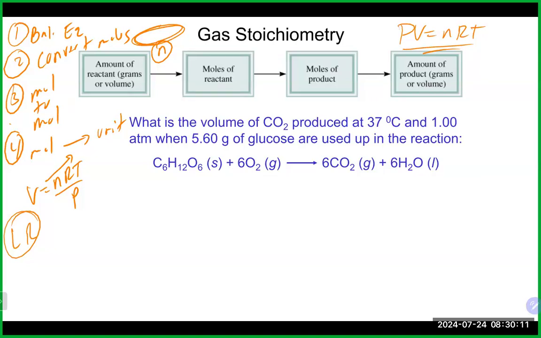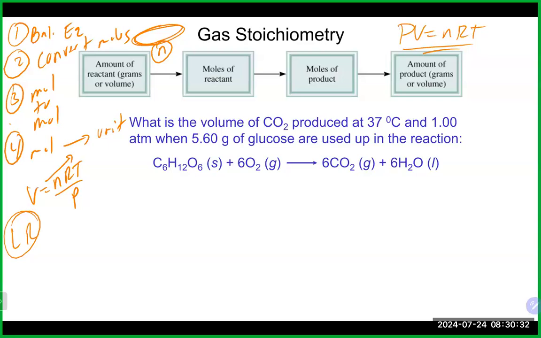If it is a limiting reagent problem, you can apply the ICE table however you want to do it, but you do need to figure out the limiting reagent. In most cases with gases, it's going to be a more basic stoichiometry problem, but you can have a limiting reagent situation develop.